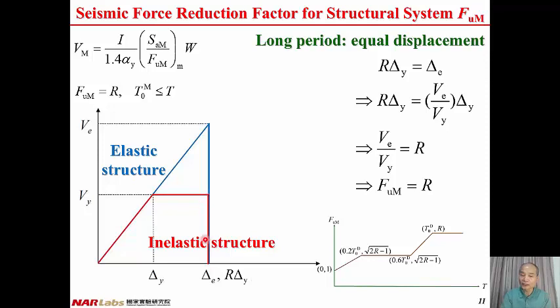The condition is that the inelastic structure has the ductility capacity equal to R. That's the ratio of the ultimate displacement to the yielding displacement. Therefore, when the structural vibration period is long enough, that is larger than or equal to T0M, then FUM equals R. The seismic force reduction factor FUM equals R.